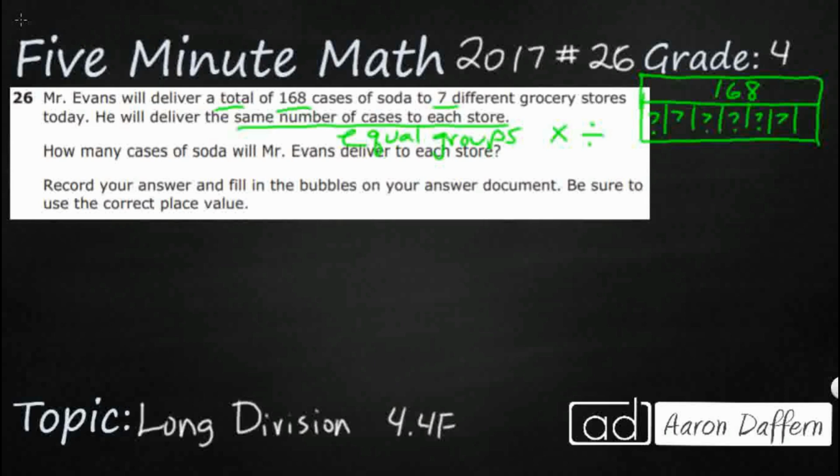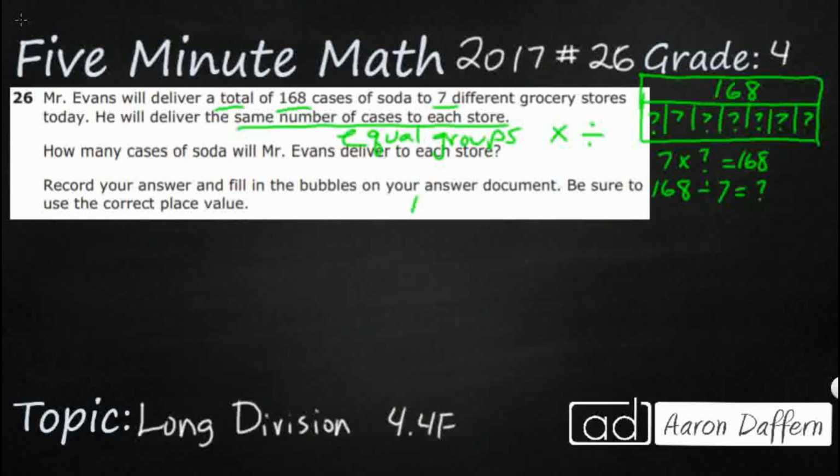That's what we're looking for, 168. How does that get split up evenly amongst 7 stores? So we could say, well, there's 7 stores of who knows how much. That equals 168. But another way, probably the easier way to look at it, would be from the division angle. 168 divided by these 7 stores, that's going to give us our mystery number.